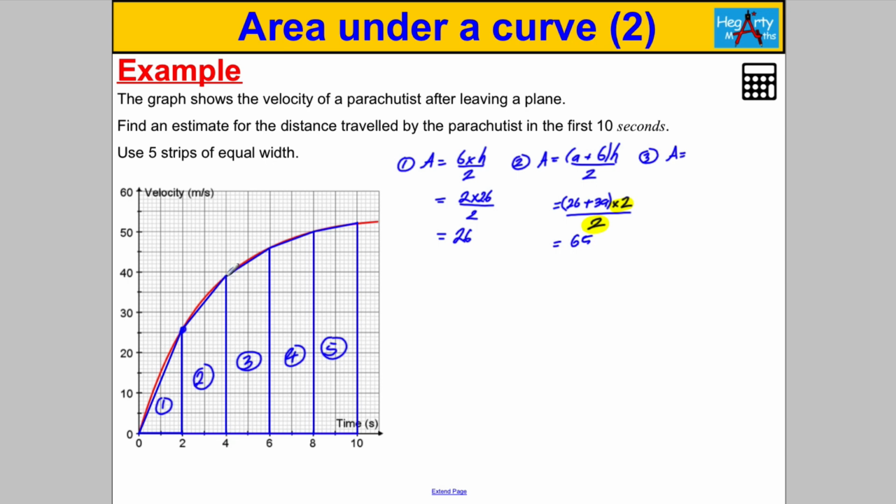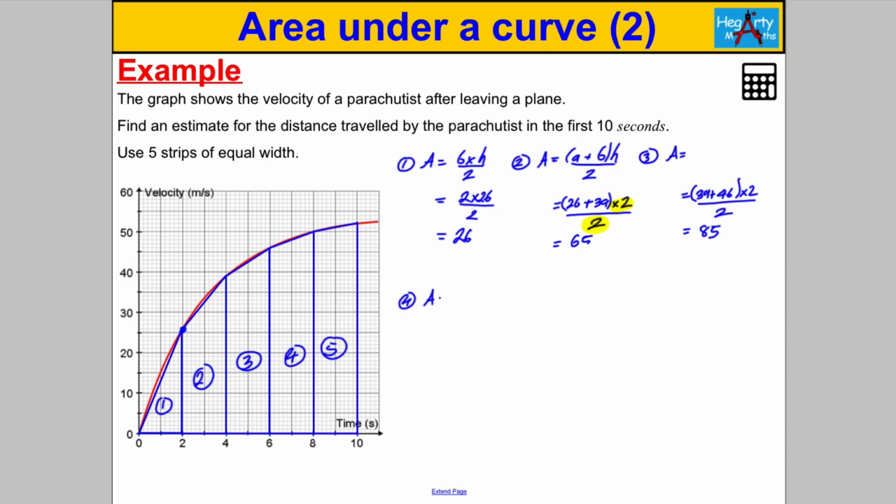The third one, the area is the area of a trapezium again. It's going to be 39 add 46 multiplied by 2 and divided by 2. And when we do that, we're going to get ourselves 85. And we continue in the same vein.